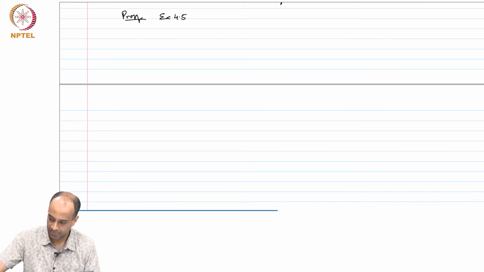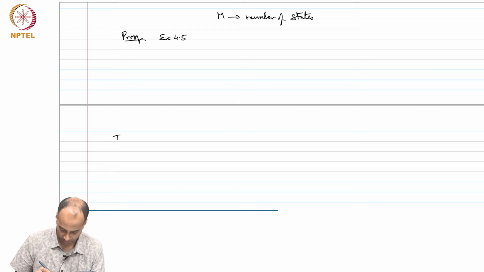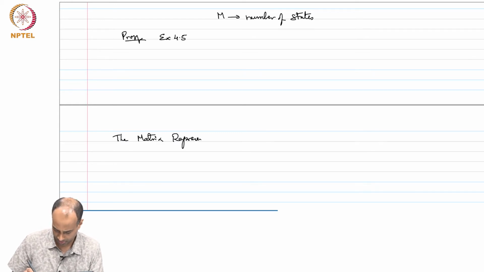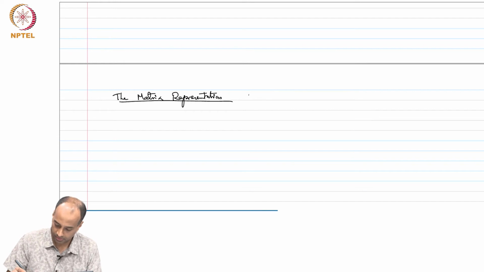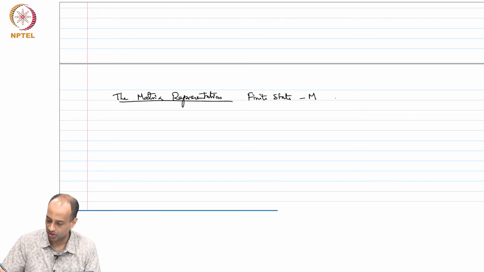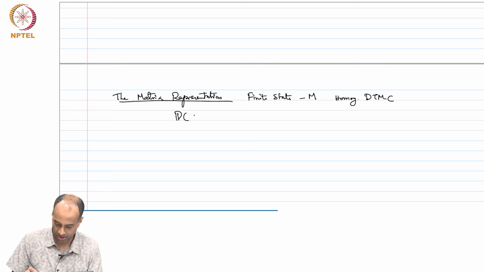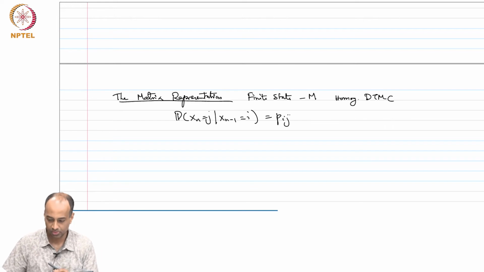Now, let us proceed to discuss the matrix representation. So, we are considering a finite state, M state, homogeneous DTMC. So, what you are given is that P(X_n = j given X_{n-1} = i) is some P_ij, all right.